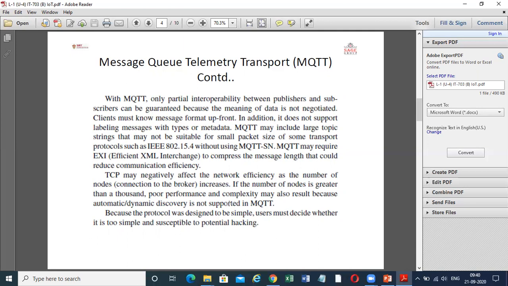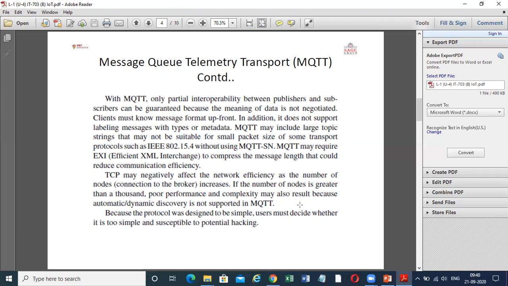If the number of nodes is greater than 1,000, poor performance and complexity may also result because automatic dynamic discovery is not supported by MQTT. Because the protocol is designed to be simple, the user must decide whether it is too simple, susceptible to potential hacking.